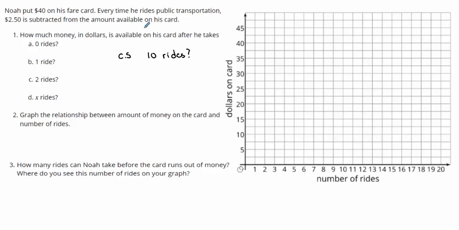Okay, so if he takes 0 rides, that means he starts out with $40 and he doesn't use it because he takes 0 rides, so he still has $40 on his account. If he takes 1 ride, I'm going to take that $40 and subtract $2.50, so that would give me $37.50.